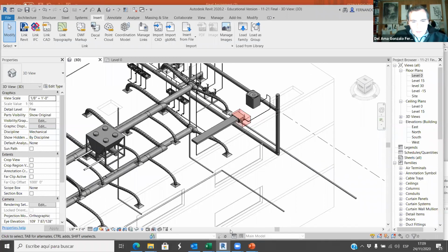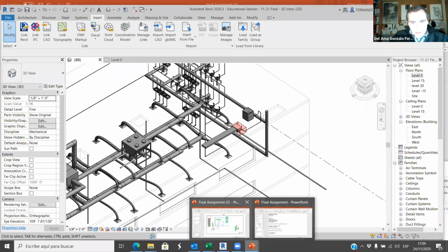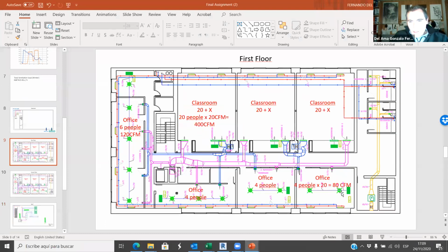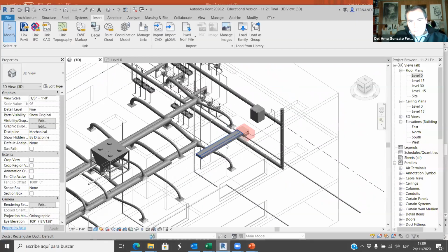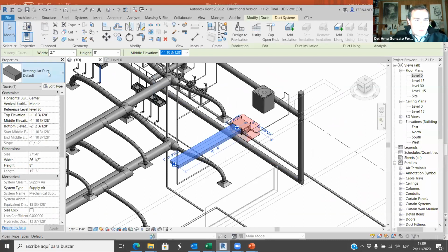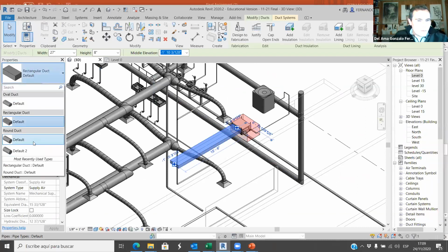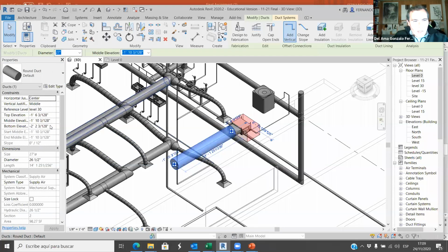And as you can see here, we have this indoor unit, and then we have 2 diffusers. I think it's always better if we work with a round duct. Okay, this is round, and the diameter doesn't have to be 26. It's too much.